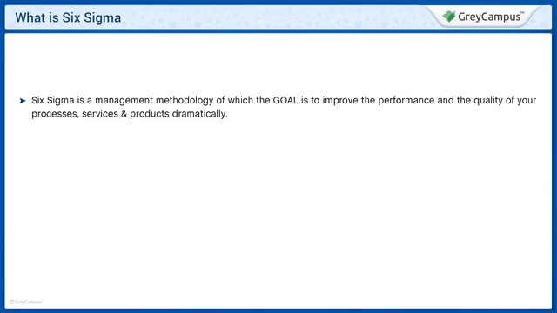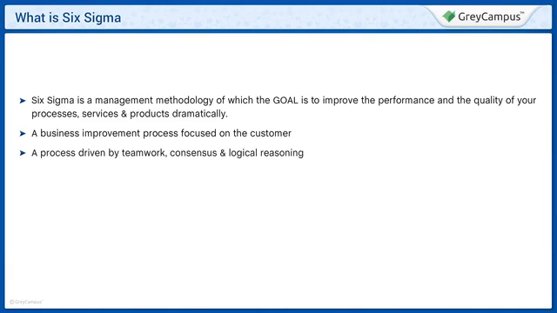Mikel Harry, President and CEO of Six Sigma Academy, defines it as a business process that allows companies to drastically improve their bottom line by designing and monitoring everyday business activities in ways that minimize waste and resources while increasing customer satisfaction.